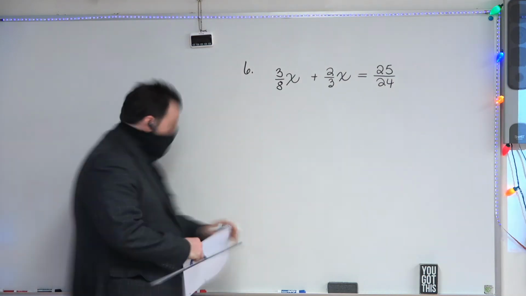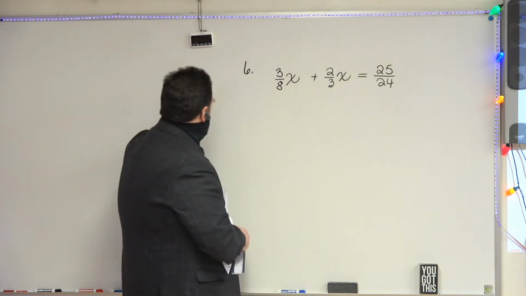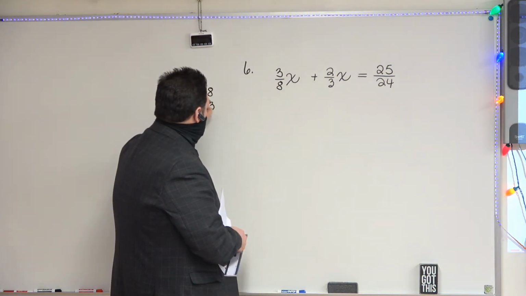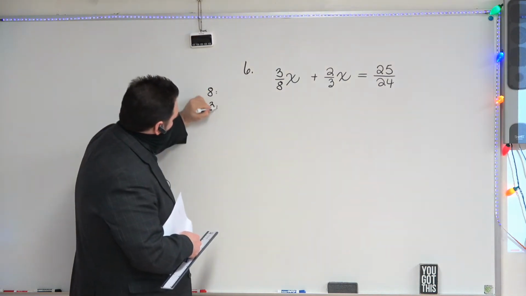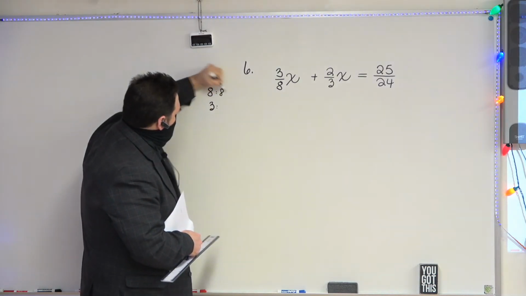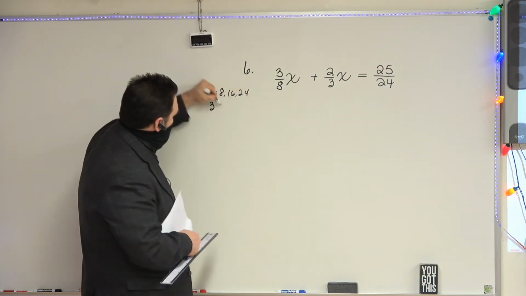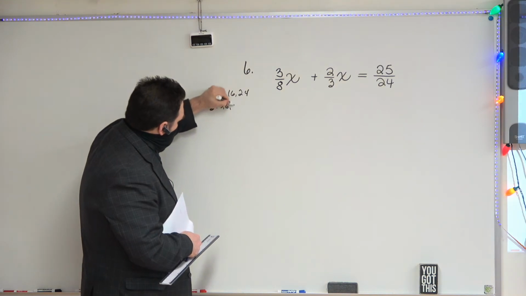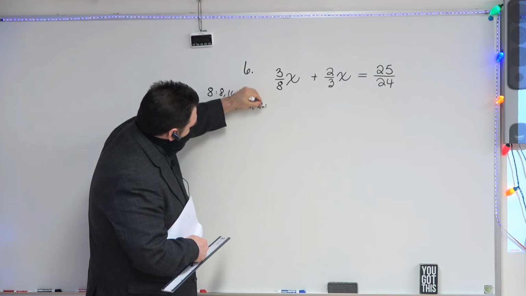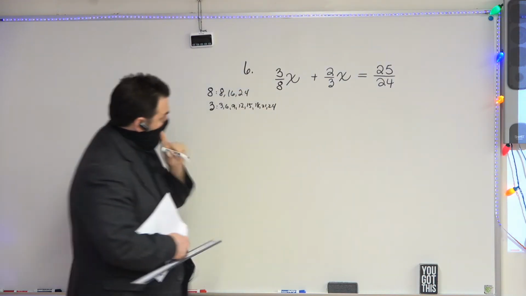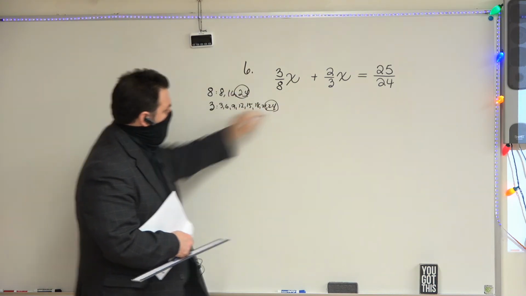Okay, now we just need to think about these two denominators, 8 and 3, and we need to figure out what their least common multiple is. So I'm just going to start listing multiples. I got 8, 16, 24. With 3, I've got 3, 6, 9, 12, 15, 18, 21, 24. So the least common multiple is going to be 24.